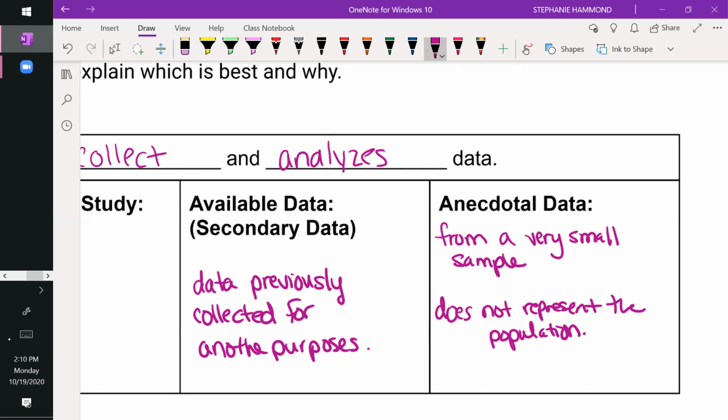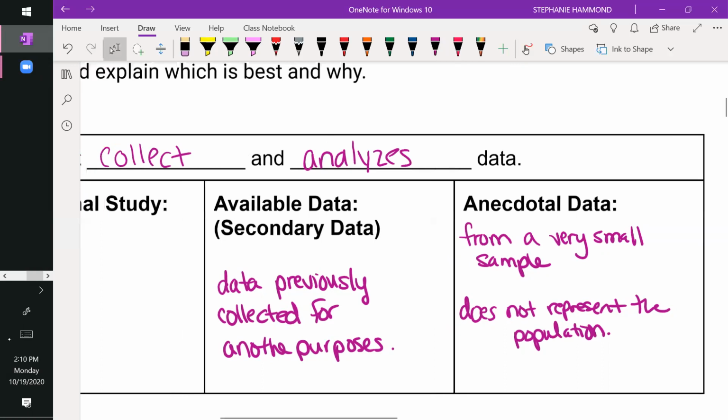So it's more than likely that one event is not very representative of the entire population, okay? One bad visit to the grocery store doesn't mean that grocery store always operates without thinking about customer service. So anecdotal data is not what we want. Anecdotal data is not representative of the population.